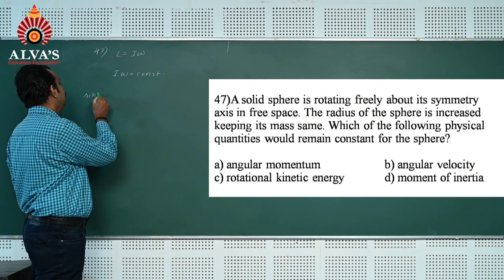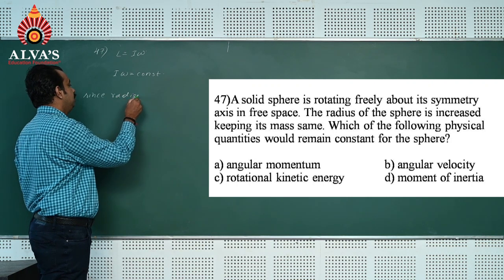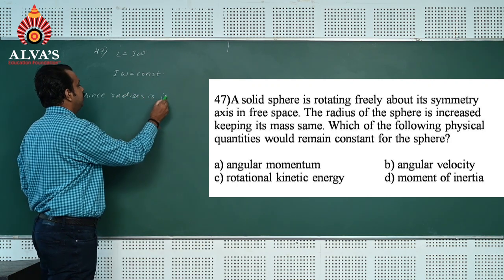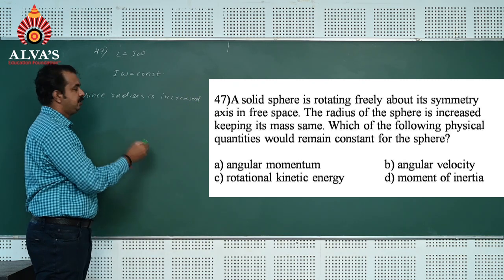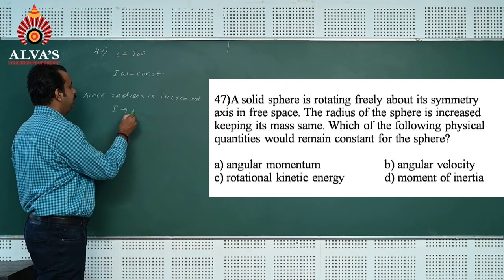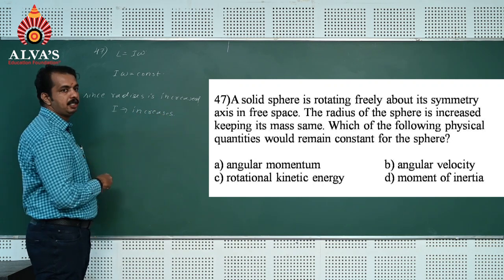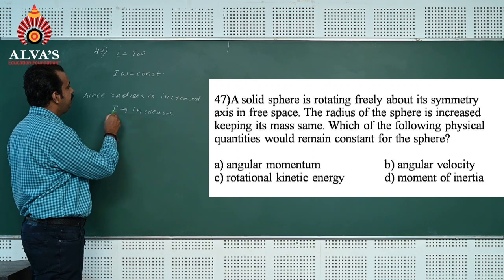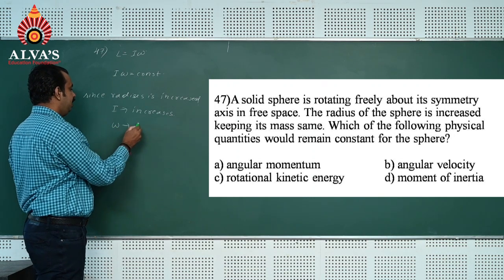Since the radius is increased, I increases, and when I increases, to maintain I omega constant, omega decreases.